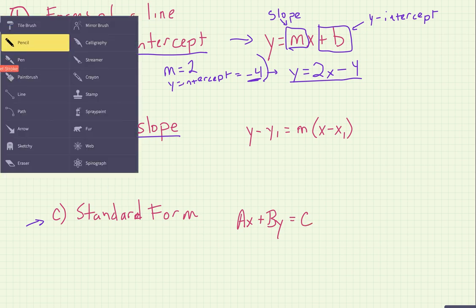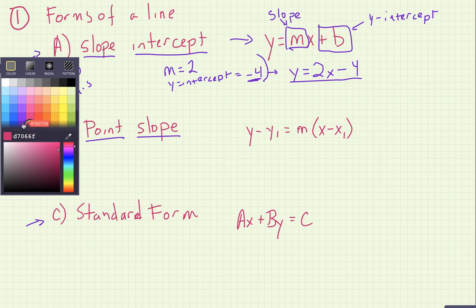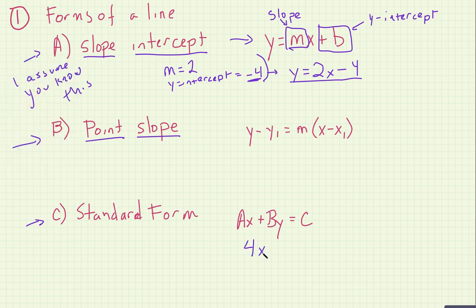We're not going to talk much about this form at all tonight. But if you see an equation that looks like this, 4x plus 5y equals 10, you can know that this is the equation of a line. We are not going to talk about why it's useful, or why mathematicians write lines in this form. It is useful, and I can explain that in another video, but not tonight.